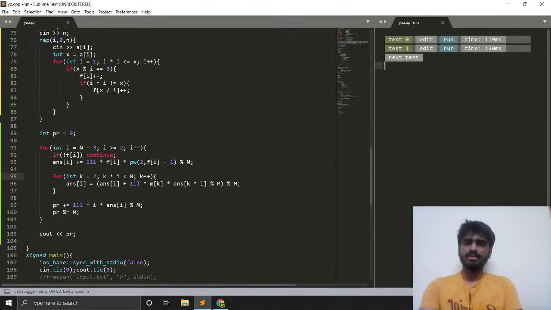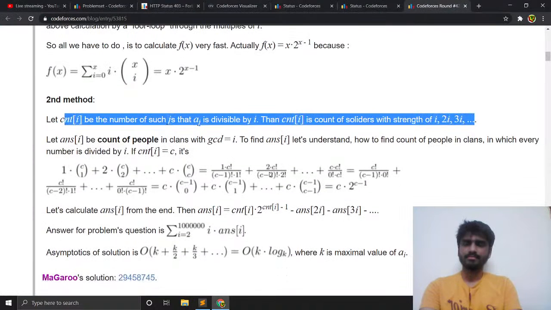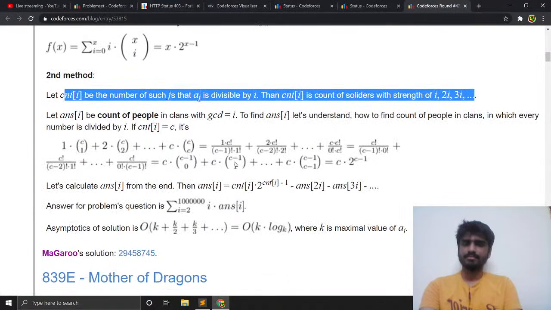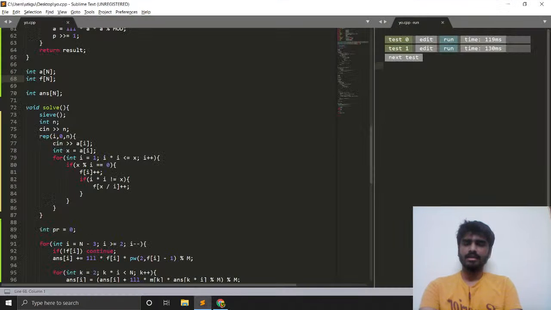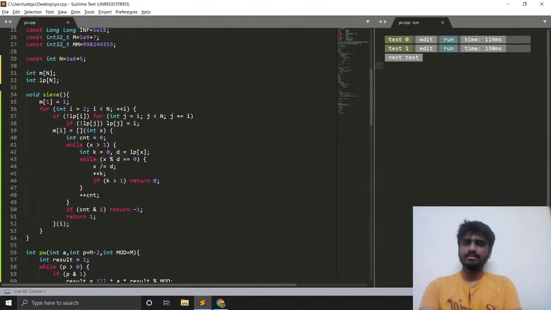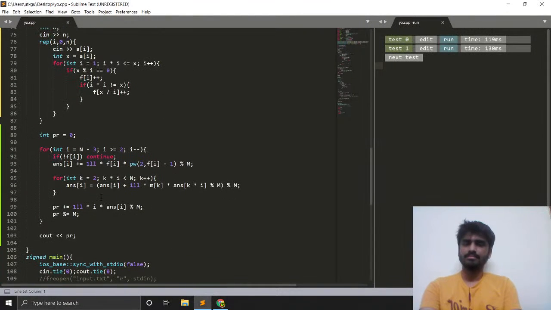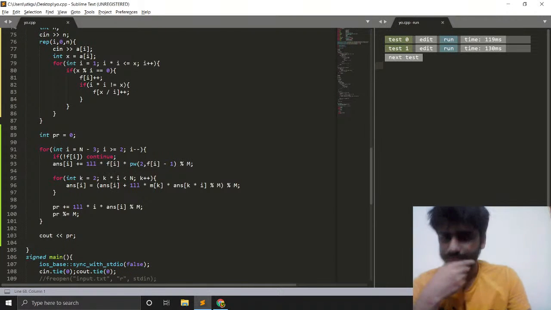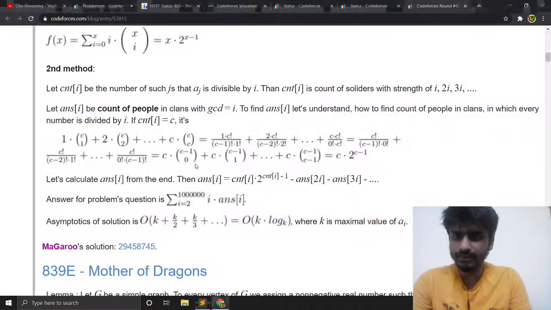First I took count, that is my F array. Then I took count into count i minus 1, and I did that. Oh, I did this exact thing.